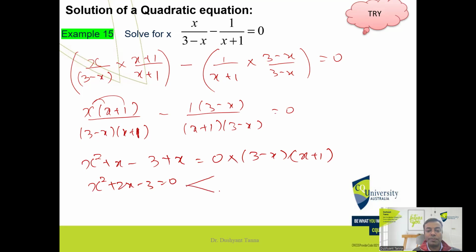And here you will have two approaches: the characteristic formula or factorizing. I'll go with factorizing because that's very quick. x plus 3 and x minus 1 is 0, leaving me x is equal to minus 3 or x is equal to 1.